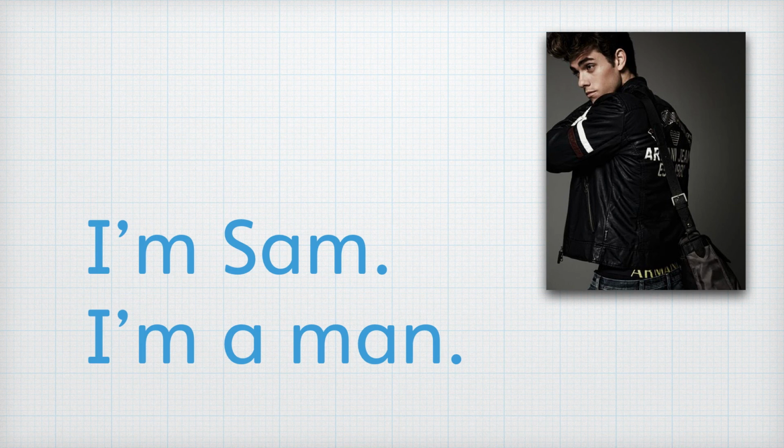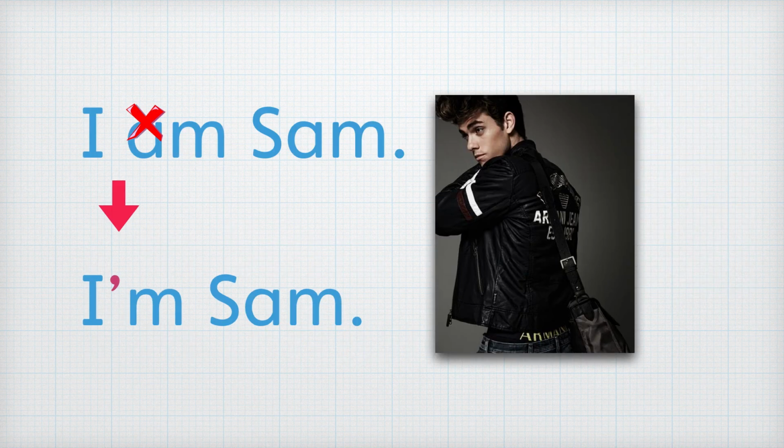Let's look at this. I am Sam. Take off the A, cross that out, and write this without the A, but use this little apostrophe, this time not to show belonging, but to show there's a missing letter. I'm. So it's not im, it's I'm. I'm Sam.